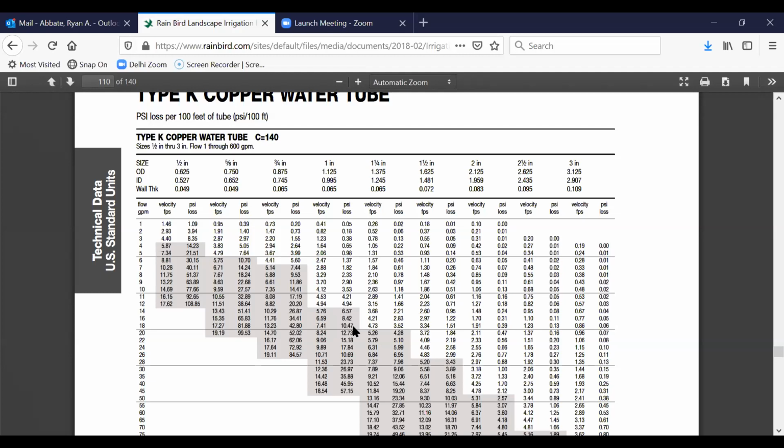What was the number? Should be 10.47 times 0.8, sorry, 0.8. Yeah, you're right. So it should be 8.38.